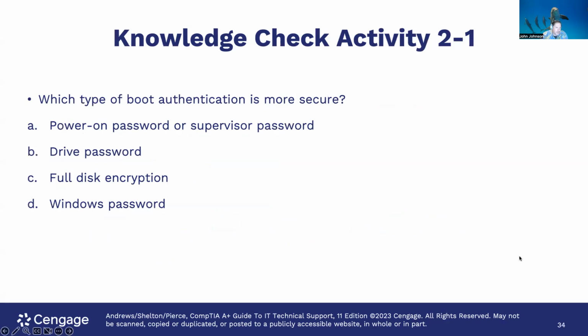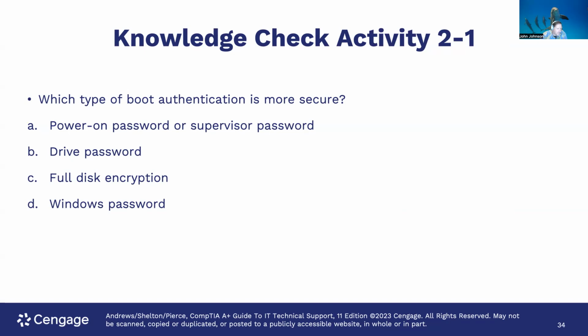So now we're going to look at the knowledge check activity 2-1 and which type of boot authentication is most secure. Let's look at this. Power on password or supervisor password. So that's nice. That's going to protect you somewhat. A drive password, yeah, that's useful as well.